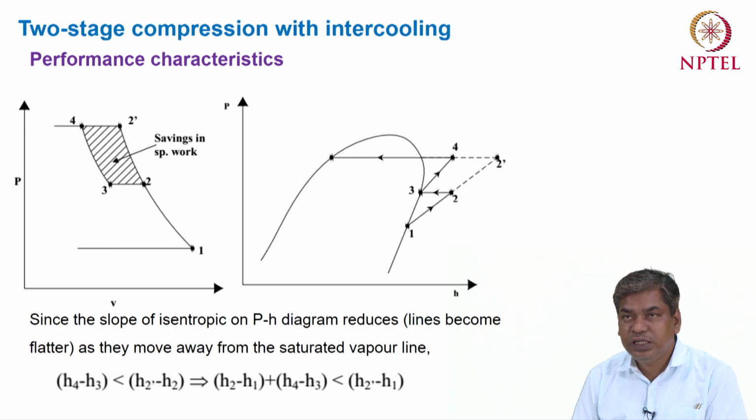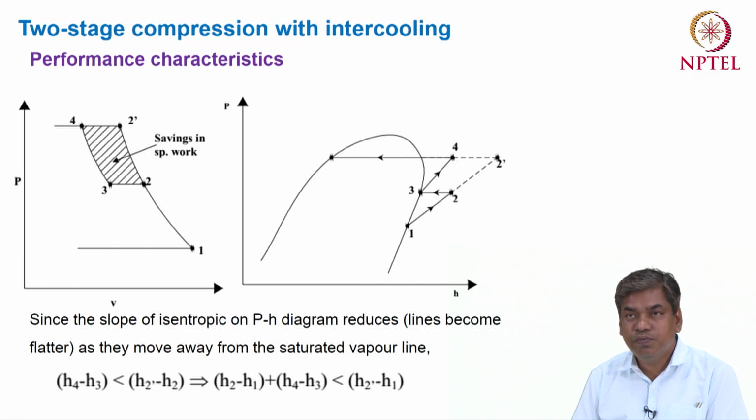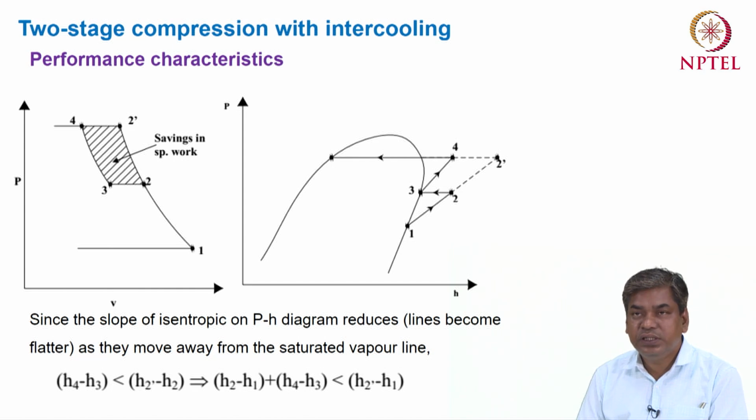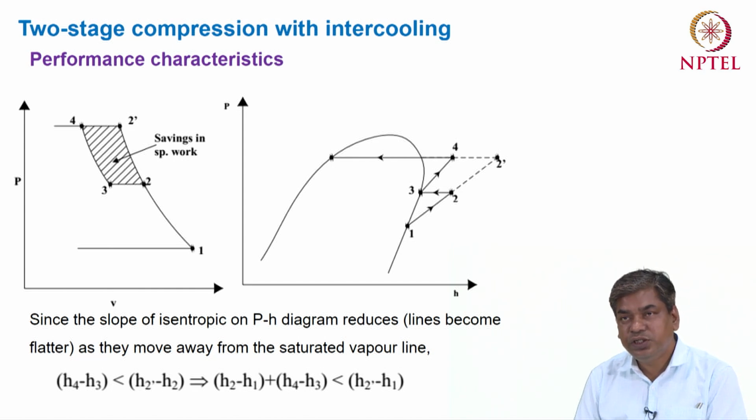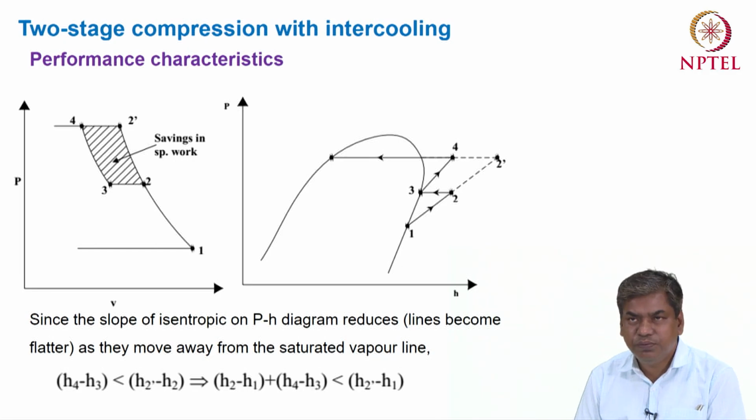So H2 dash minus H1 is the enthalpy change for the single stage compression system. Now we get the enthalpy change in the first compressor, H2 minus H1, and for the second compressor, H4 minus H3. The H2 minus H1 enthalpy change is basically the same for both cases.